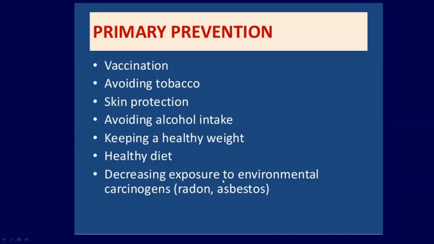Healthy diet, as Dr. Poggio alluded to, grains, fruit, vegetables, cutting down on red meat as much as possible, and so forth. I mean, these are very known things, harder to adhere to. And obviously decreasing exposure to environmental carcinogens. And those are occupational exposure that people need to be aware of, and they need to really minimize their exposure to.